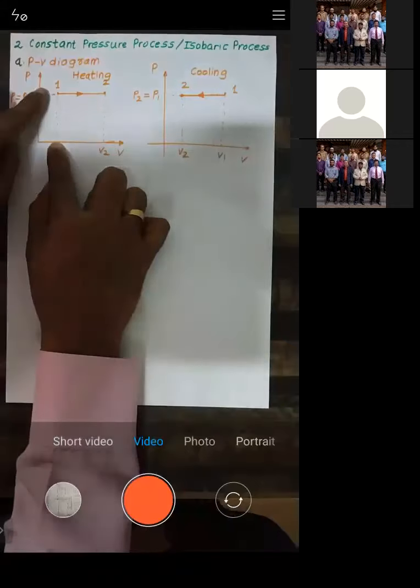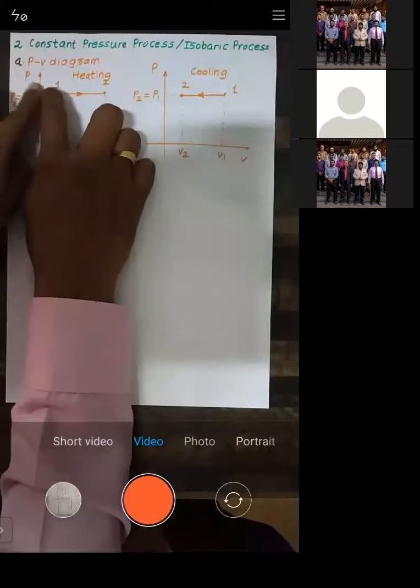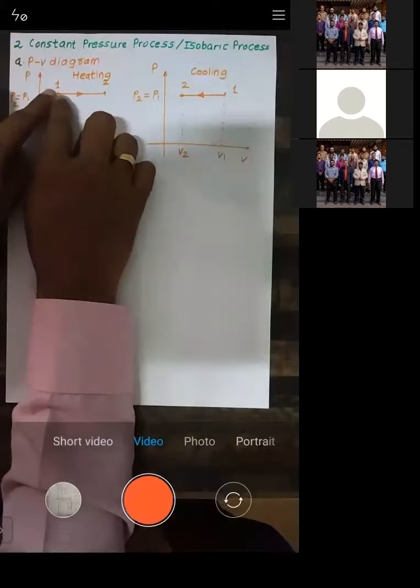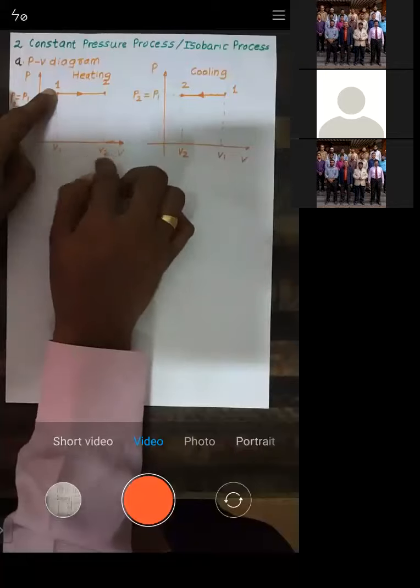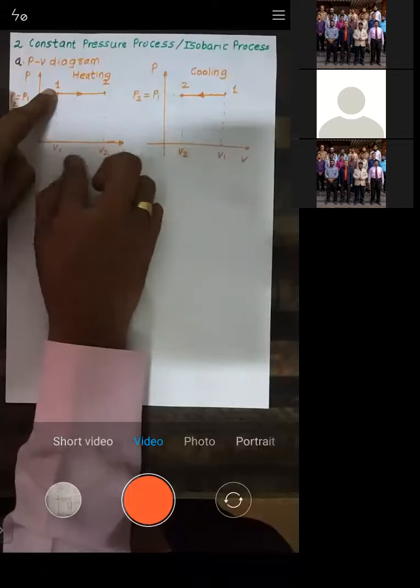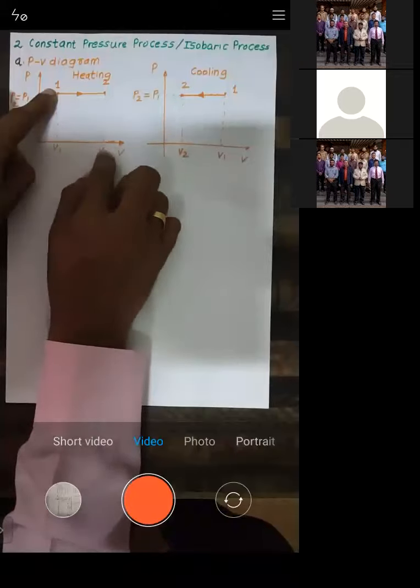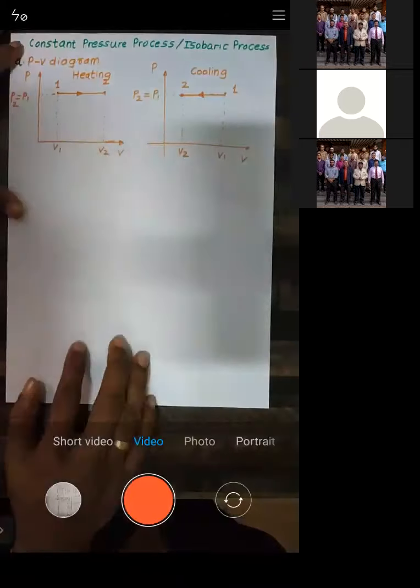At point number 1, what you have is water. If you start heating that water, at 100 degrees Celsius it will get converted into vapor. So obviously the volume of the vapor, that is V2, is greater than the volume of the water, that is liquid. So V2 is obviously greater than V1. Have you understood this one?